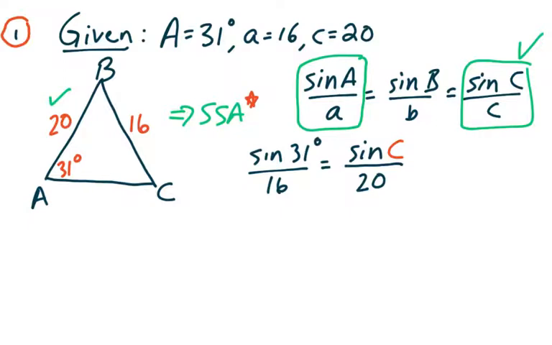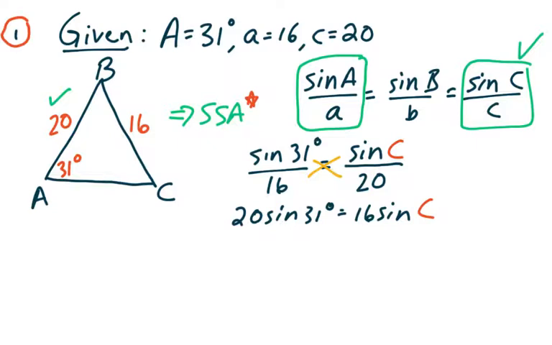The thing we're actually going to solve for is not a side but an angle. Let's see if you remember how we used to solve for trig angles. As usual, let's cross multiply, and we get 20 sine of 31 equals 16 sine of that angle C we're looking for. And remember, a good tip is don't plug anything into the calculator until your last step, so you don't make any rounding errors too early.